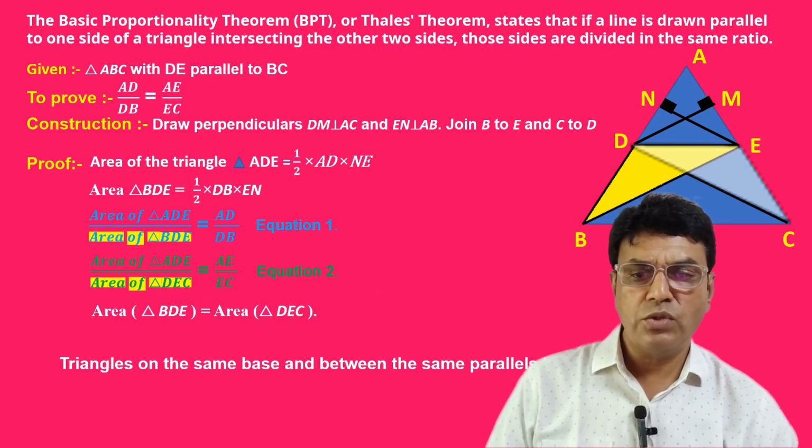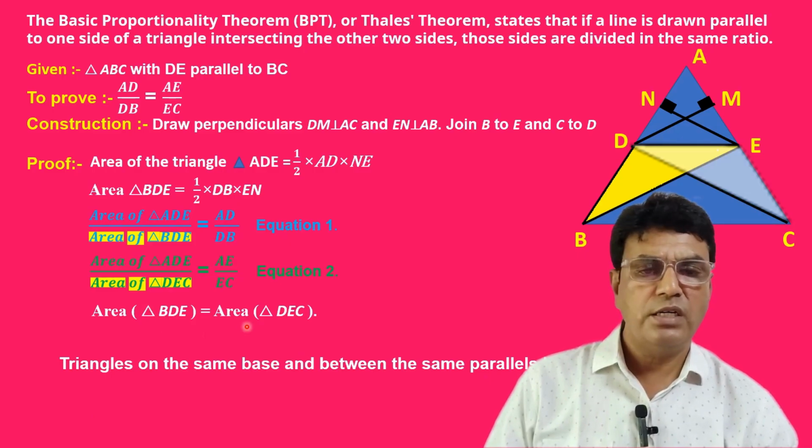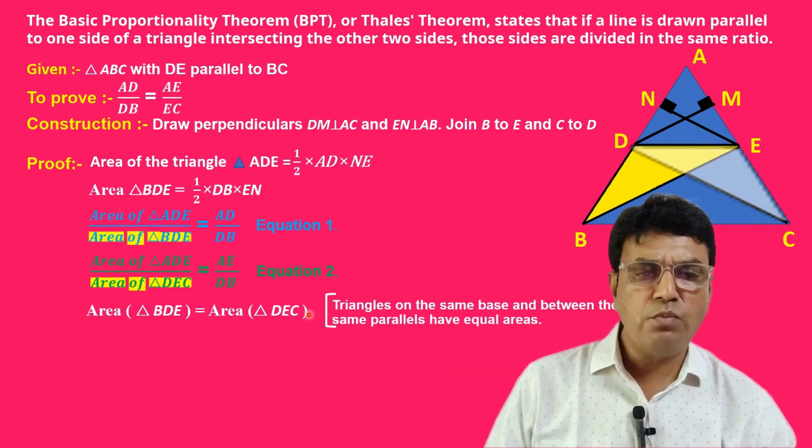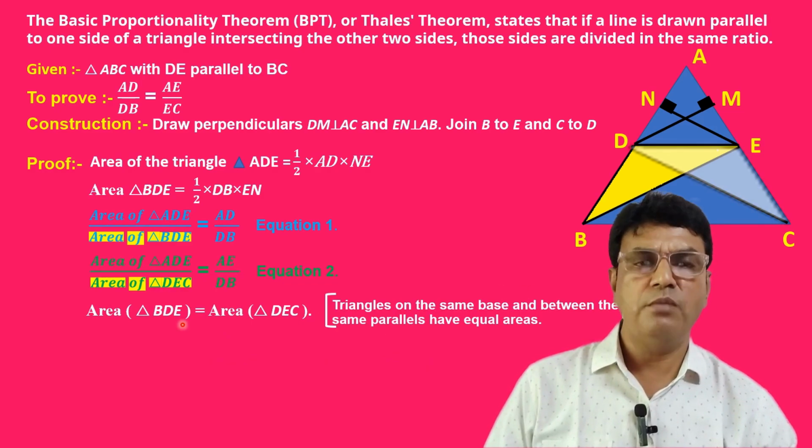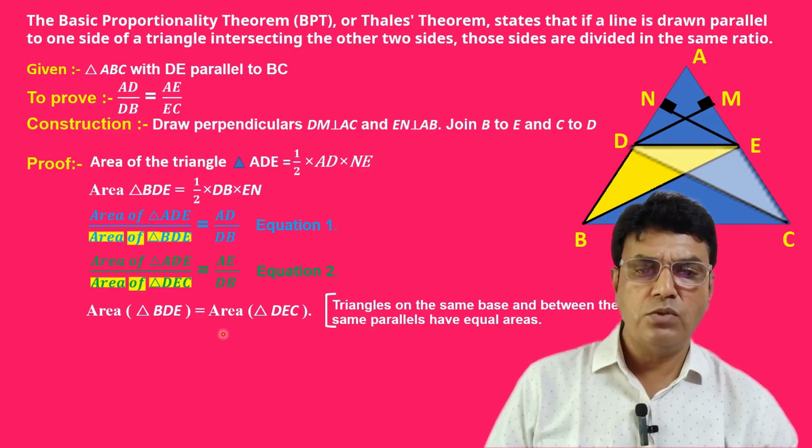So once you have shown this, you will be concluding here, let me write this here, that the area of triangle BDE is equal to the area of triangle DEC. You need to mention the reason also, why you are stating that the area of the triangle BDE is equal to the area of the triangle DEC.